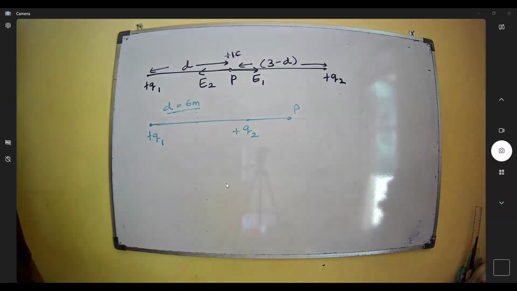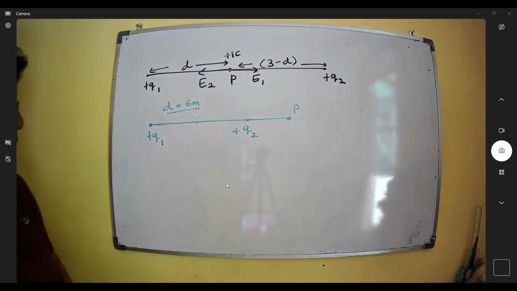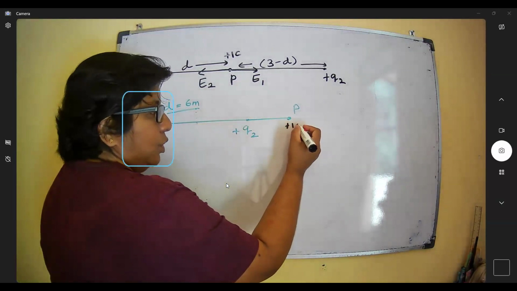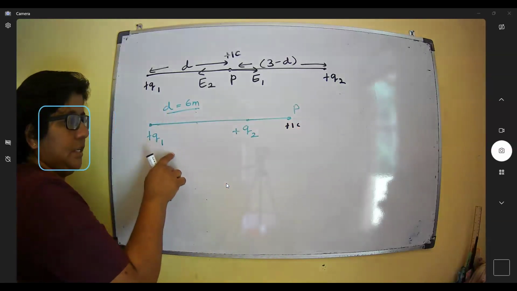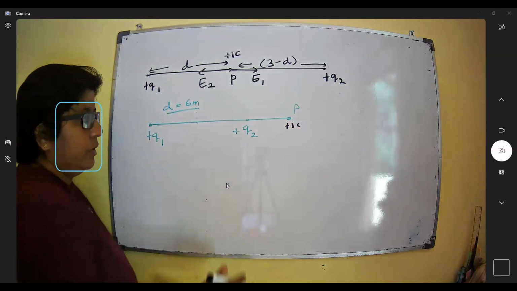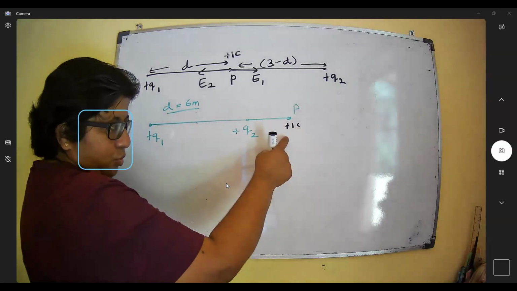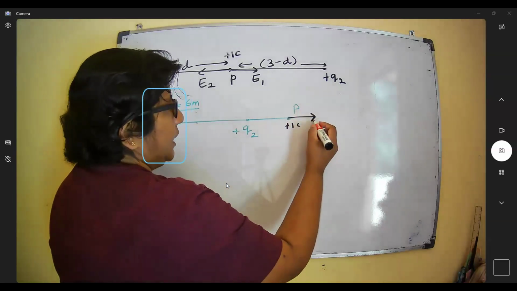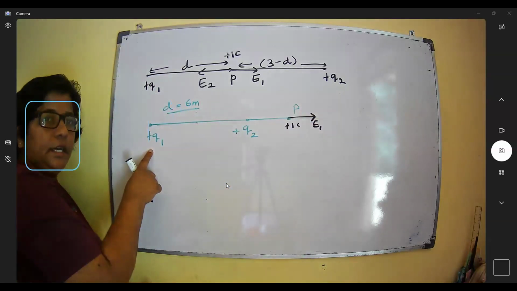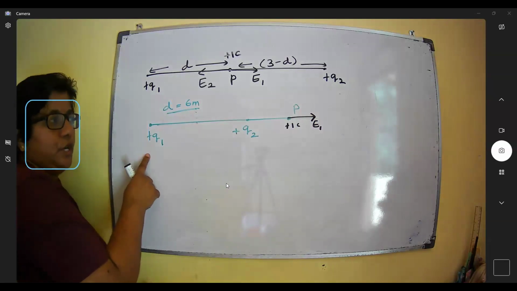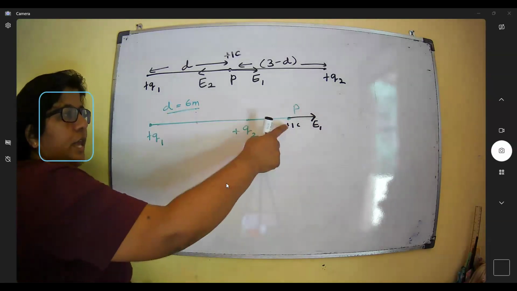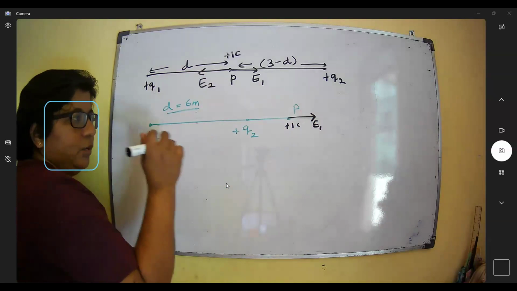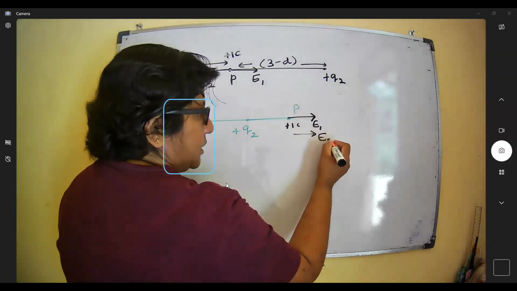If the answer is 6 meter, then positive charges, we put 1 Coulomb charge here. Then direction is Q1 to Q2. Between these two, there is a repulsion force, direction is repulsion in E1. And also we consider Q1, also positive charge, so there is a repulsion force between P point charge and Q1 also in this direction.